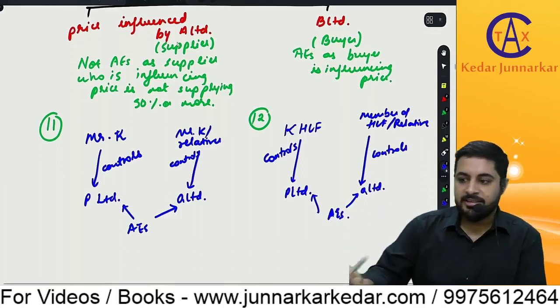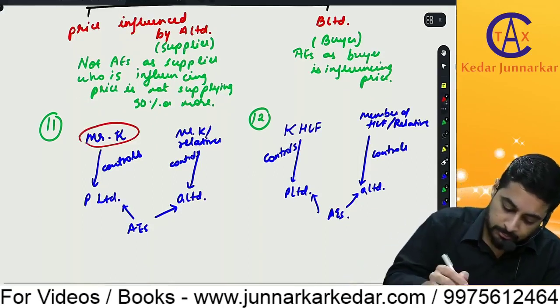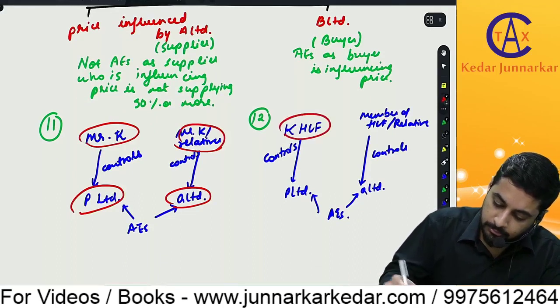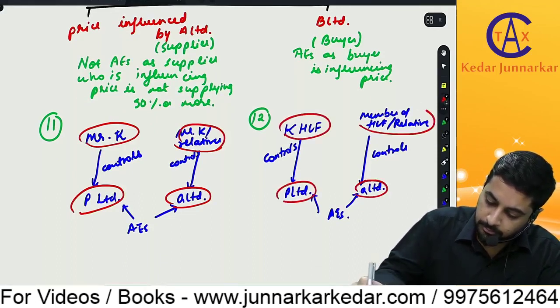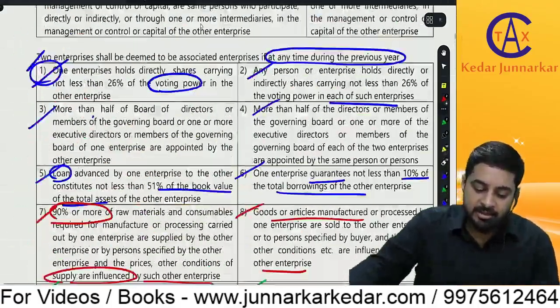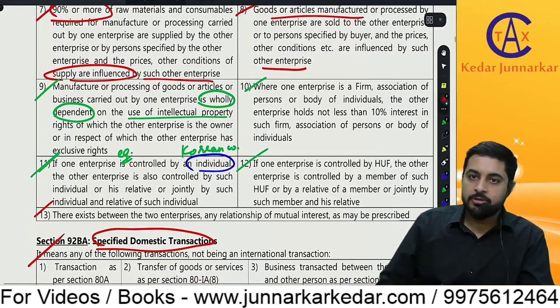So they will be considered as AEs. And the last one, 13th: there exists between two enterprises any relationship of mutual interest as may be prescribed.